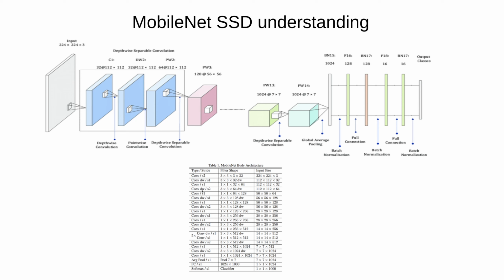Then again, we are doing a depthwise convolution, right? But here now we are using a stride of 2, and that is the reason our depth remains 64, but our input dimension reduces to 56. And this keeps on repeating itself.